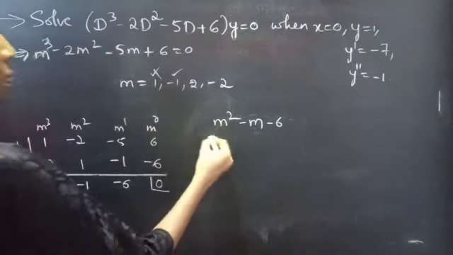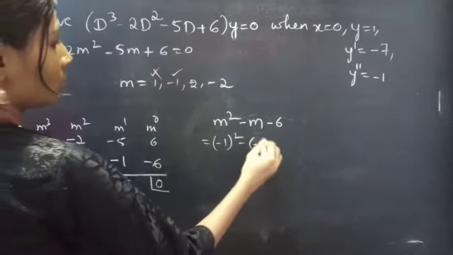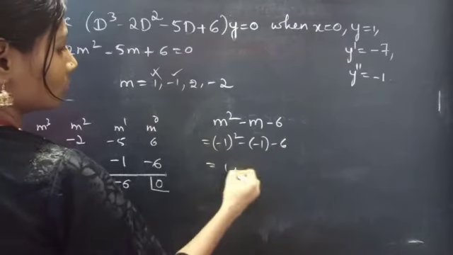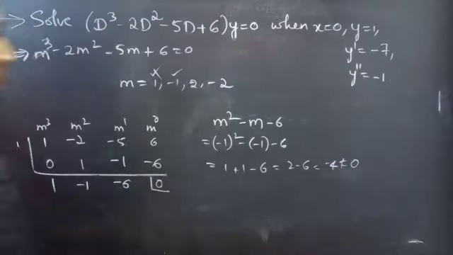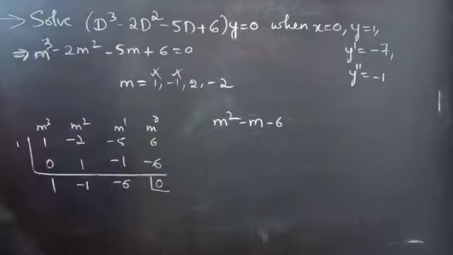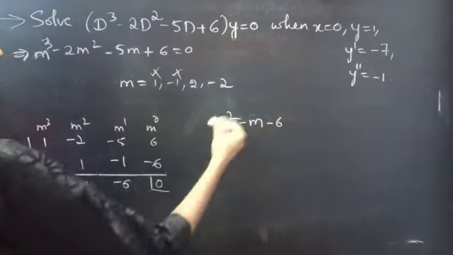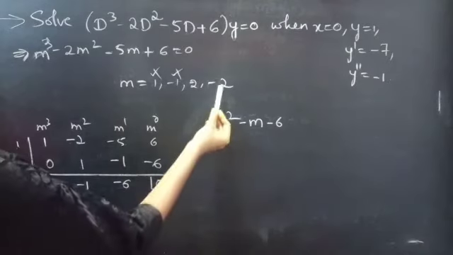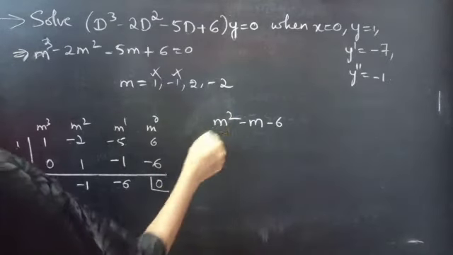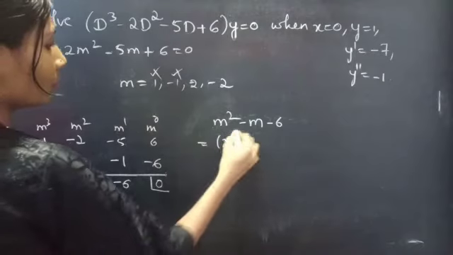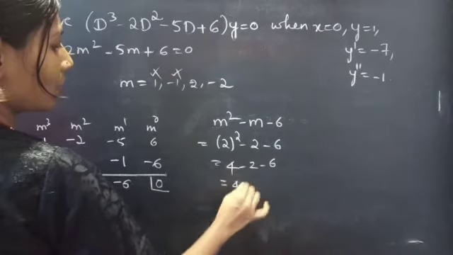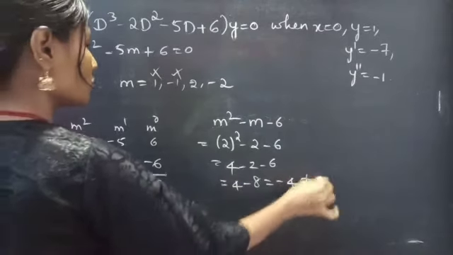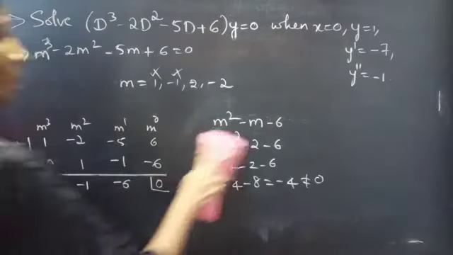Let's try for minus 1, which is not equal to 0. This also does not satisfy. So you can try for 2. Equals 4 minus 2 minus 6 equals minus 4, which is not equal to 0. So 2 does not satisfy the polynomial.